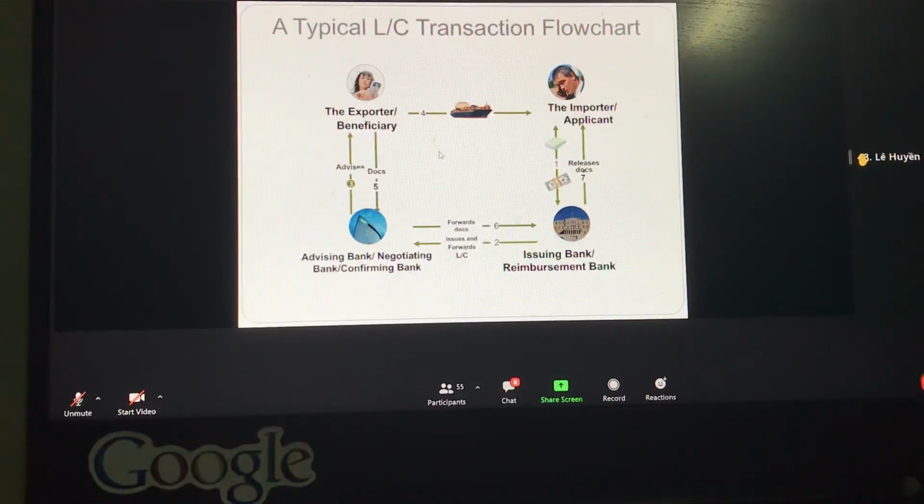It depends. Okay, so when does the transaction stop at step number 6 in case of non-CP? You check the documents, you say, oh God, the documents are non-CP.